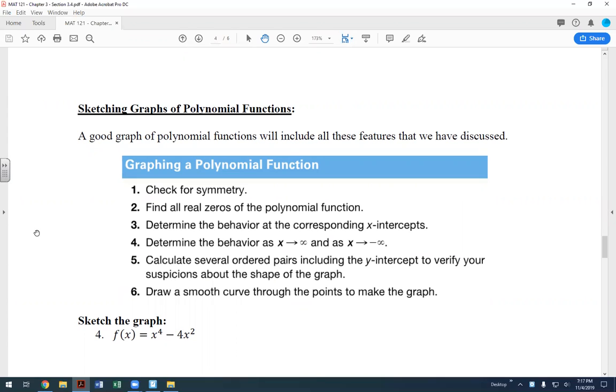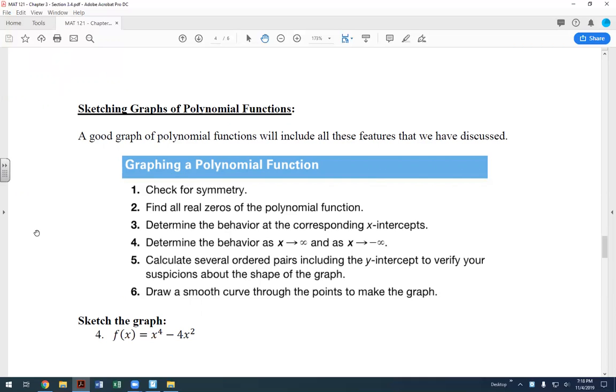Start by checking your symmetry. Then find all the zeros. Now remember, your zeros are finding your x-intercepts here. So find the x-intercepts, then talk about what behavior is happening. Are they touching, or do they actually cross the x-axis at these intercepts? Then they're talking about the behavior as x goes to positive or negative infinity.